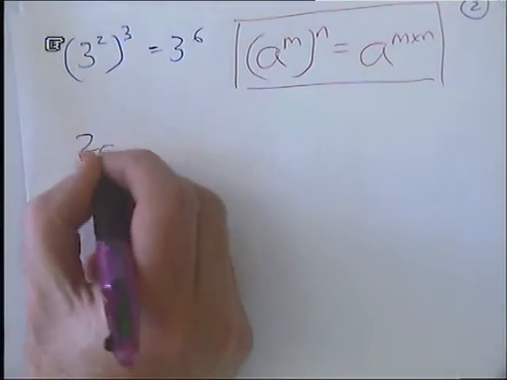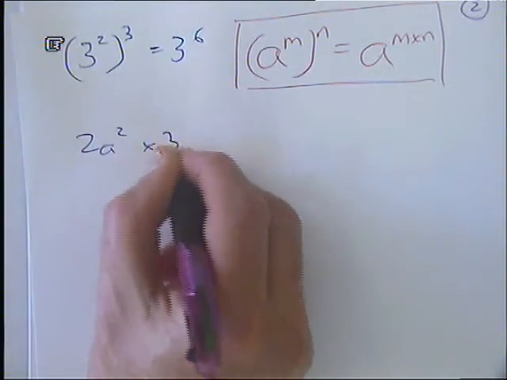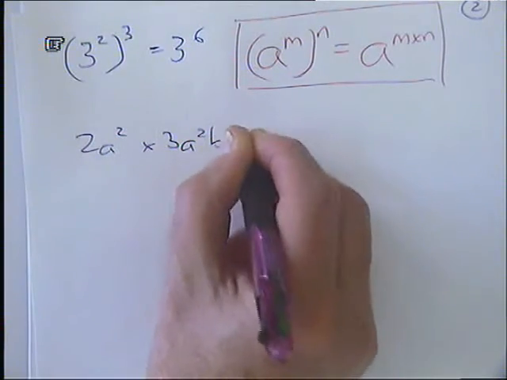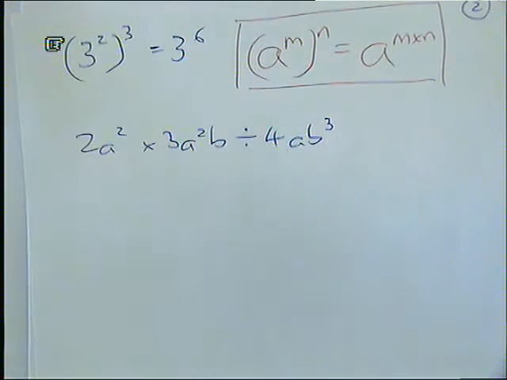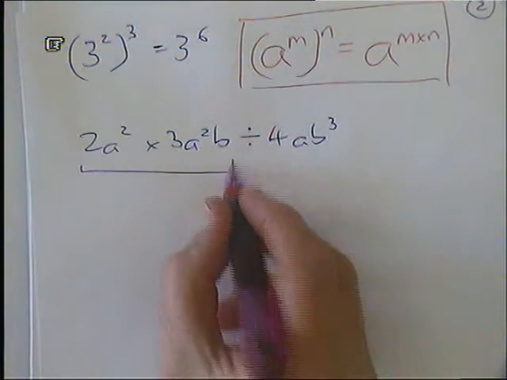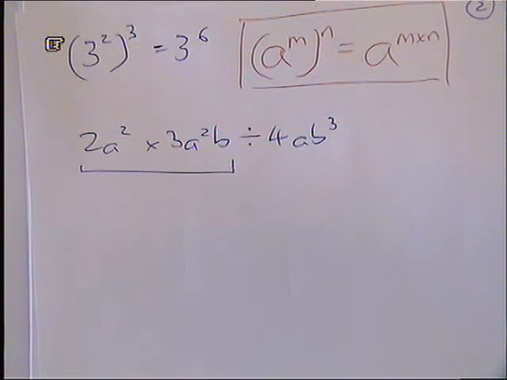Right, have a go at 2a squared times 3a squared b divided by 4ab cubed. Have a go at simplifying that. Don't look so horrified, it's fine. It's nice, easy. Perhaps. See what you get. I would probably do that bit first, and then do the answer to that bit divided by the second bit.